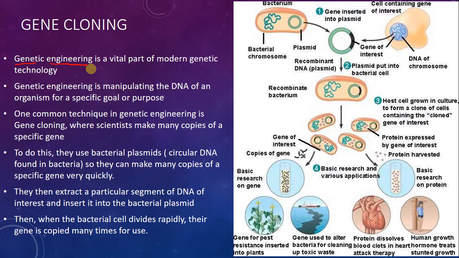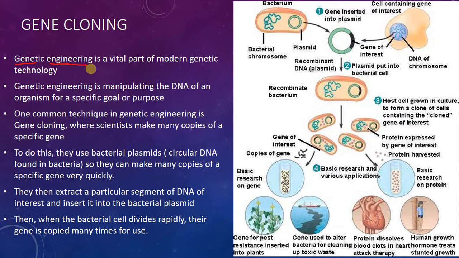And one of the foundational techniques of genetic engineering is something called gene cloning. In gene cloning, what we do is take a specific gene that we're interested in because it makes a protein we want, and we replicate it many times, make many exact clones of it, so we can harvest the protein out.